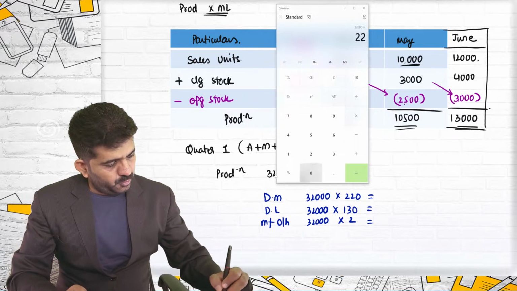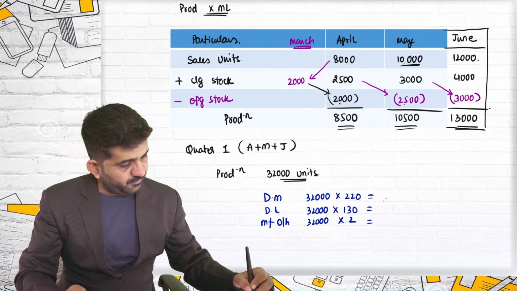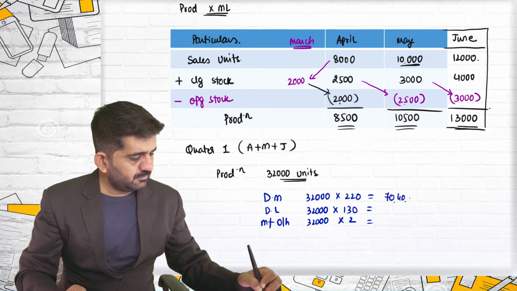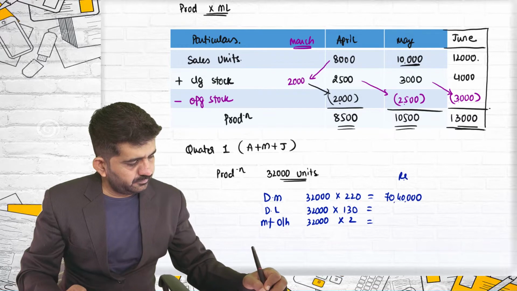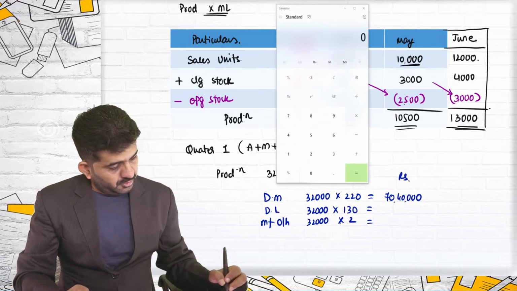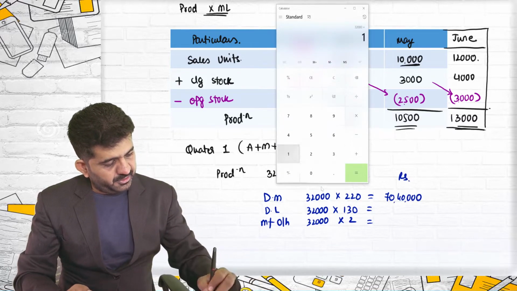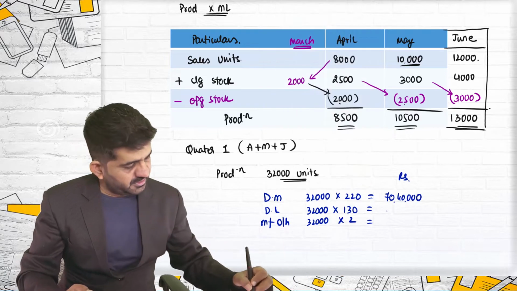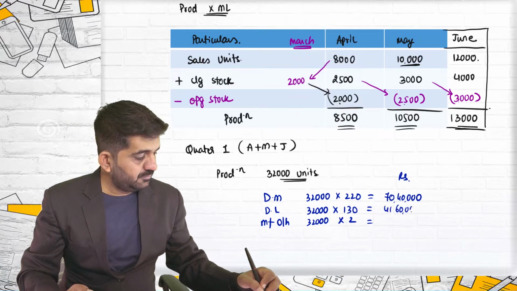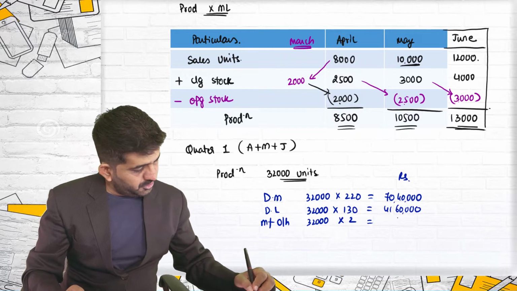Your total answer will be 32,000 into 220, which is 70 lakh 40,000. 32,000 into 130, it is 41 lakh 60,000. And 32,000 into 2, this is 64,000.